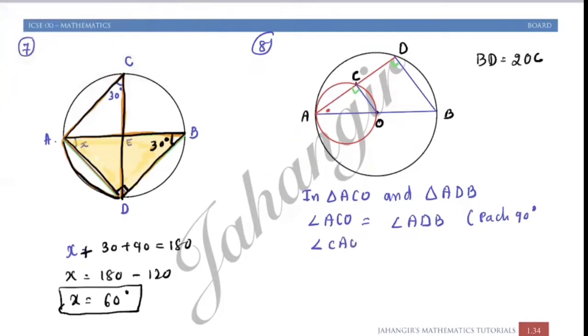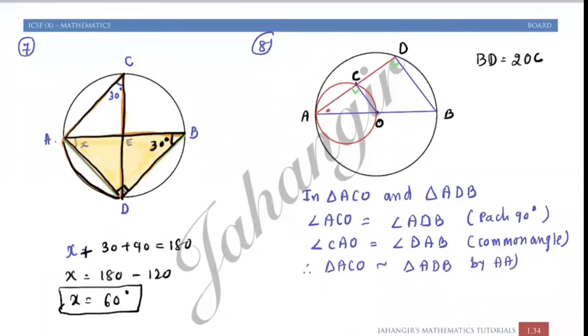Angle CAO is equal to angle DAB, common angle. So therefore triangle ACO is similar to triangle ADB by angle. We had made two triangles similar. Any doubt till here?